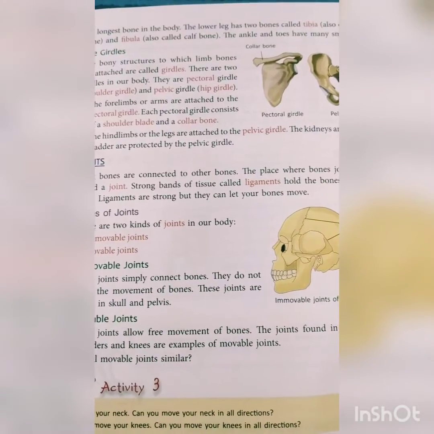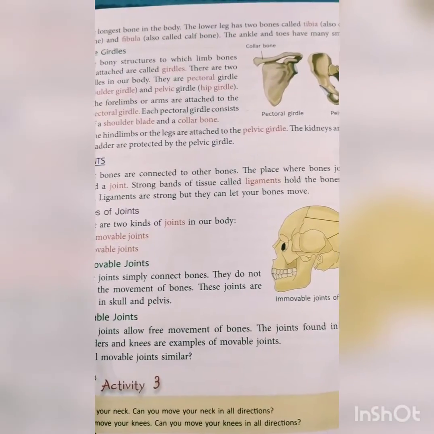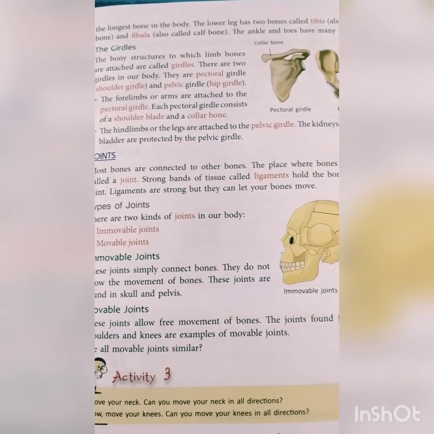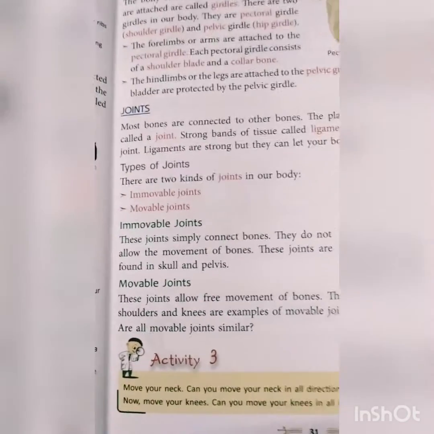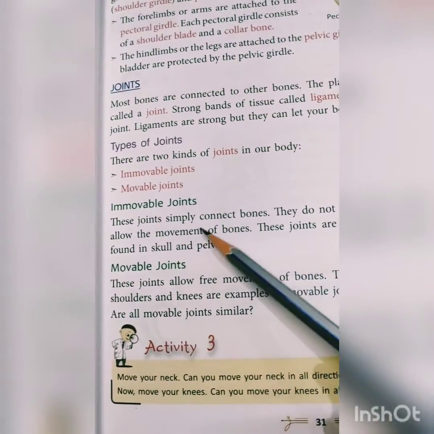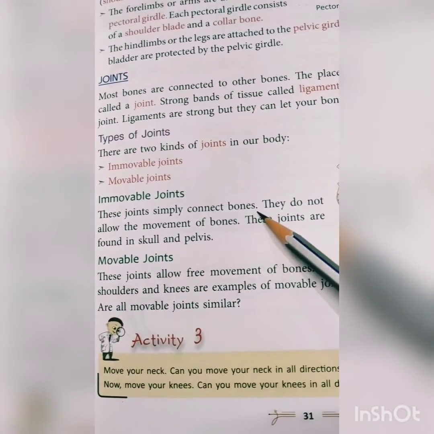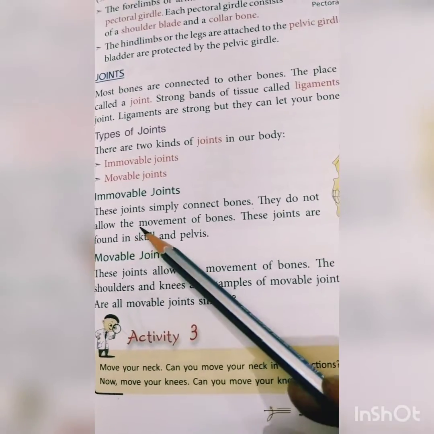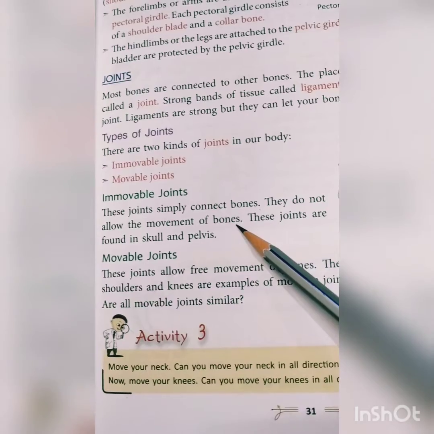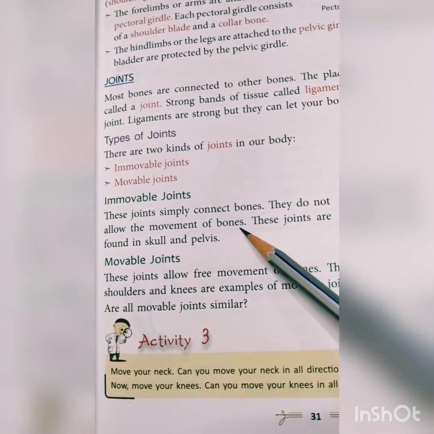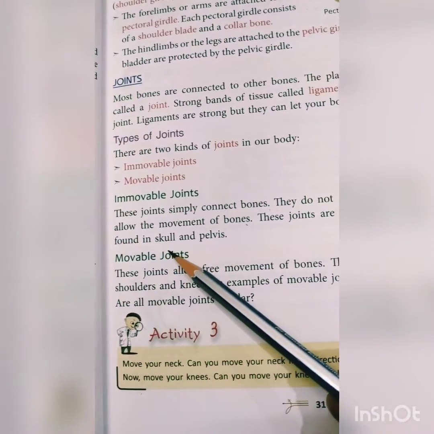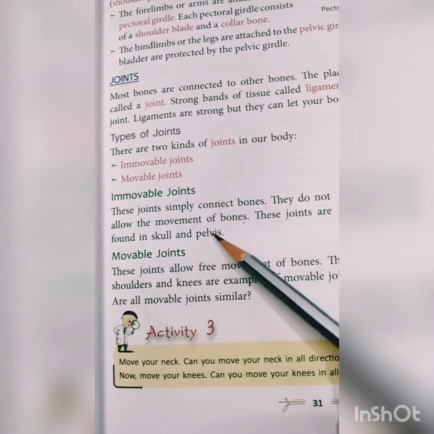Now there are two different types of joints in our body. One is the movable joint and the other is the immovable joint. Immovable joints simply connect bones and do not allow the movement of the bones. Examples are the joints of the skull and pelvis.